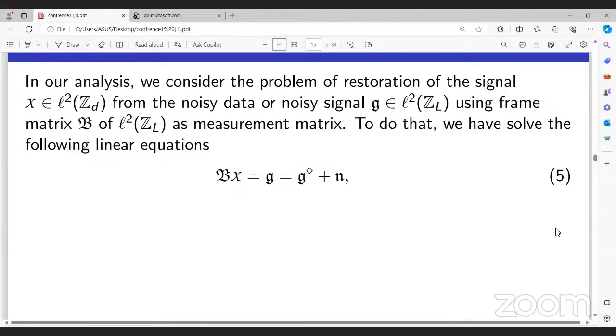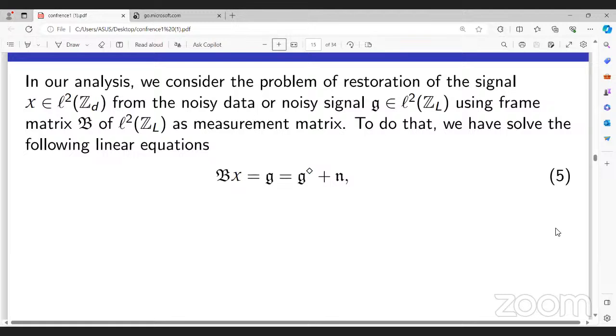In our analysis, we consider the problem of restoration of the signal x in L2(Z^d), which is nothing but the complex-valued C^d, from the noisy data, the noisy signal g in L2(Z^L), using the frame matrix B of L2(Z^L). Here, frame matrix means a finite matrix which is full rank.